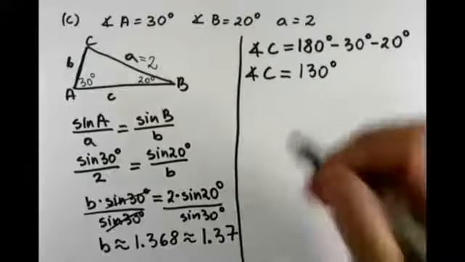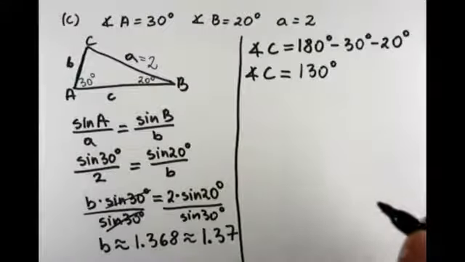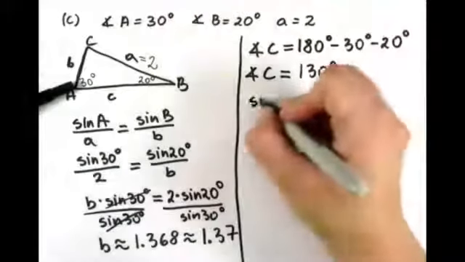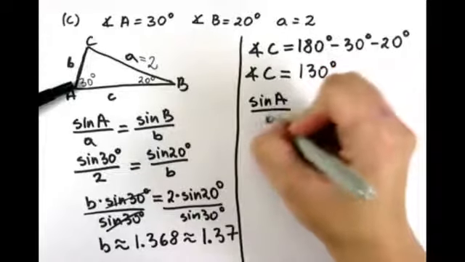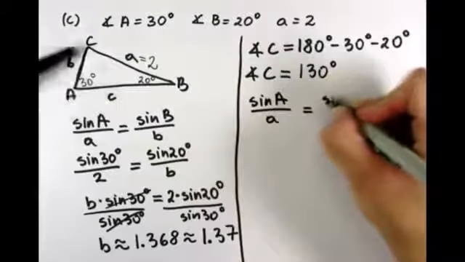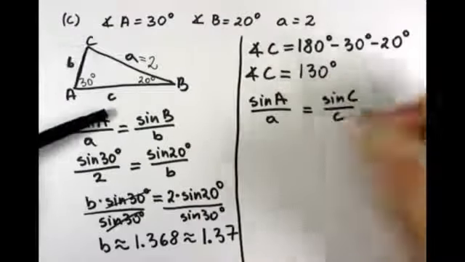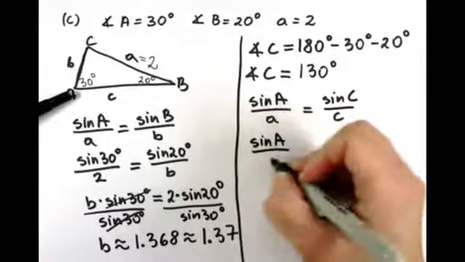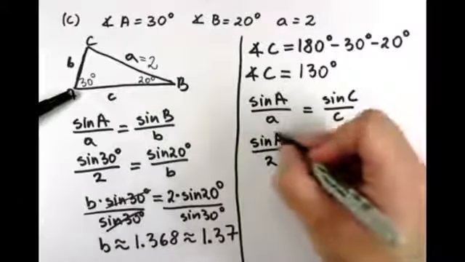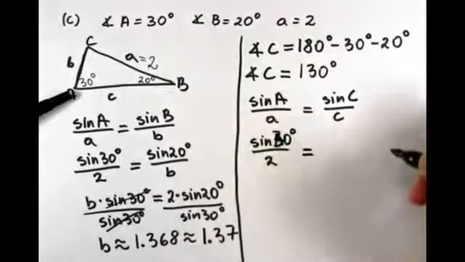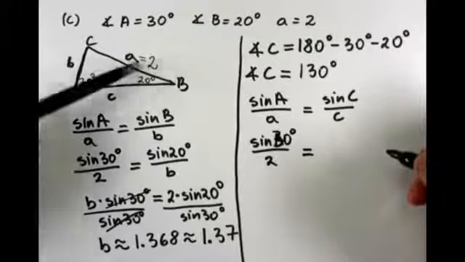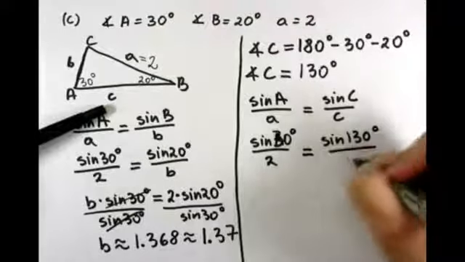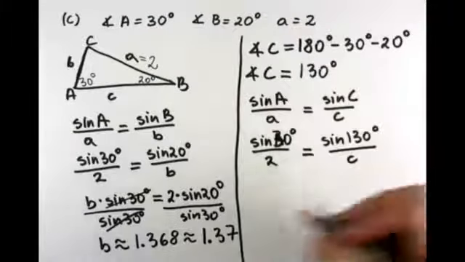Okay, so now we can use the ratio with sine C, and I'm gonna use what is given. So sine A over A is equal to sine C over C. So sine 30 degree over 2 is equal to sine 130 degree over C. We can cross multiply.